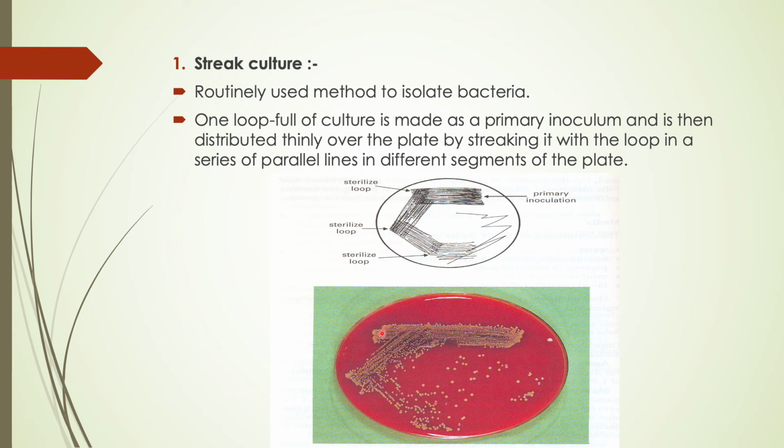Because when you reach here and you distribute the colony, the amount here is higher than the amount here. While sterilizing the loop, you will take a small amount from this side to this side, and then after that taking a small amount and then to reach the zigzag. So here you will have a pure or diluted concentration of the colonies, okay.